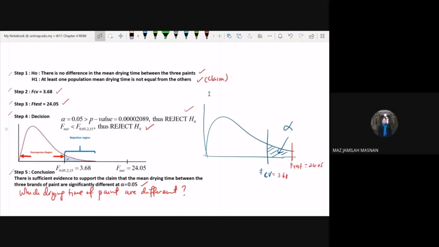Do we know which one is different, which one is similar? Yes or no? My goodness. If I were to wait for you, I don't know at what time you are going to answer my question. Which drying time are different? Do we know? The answer is no.